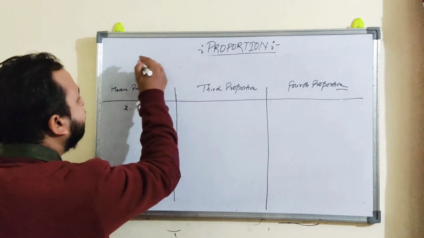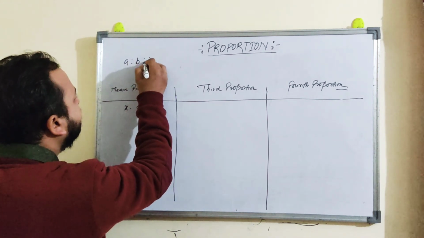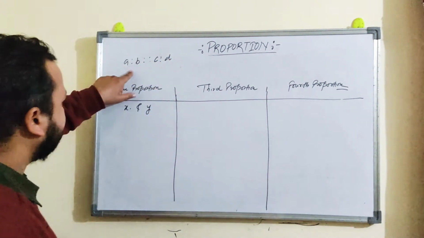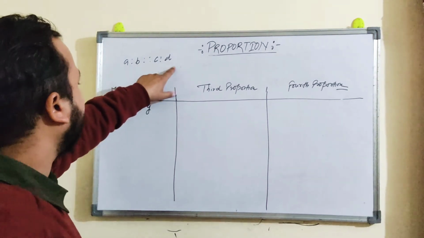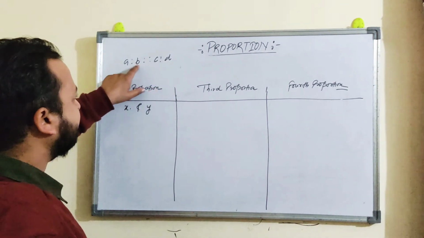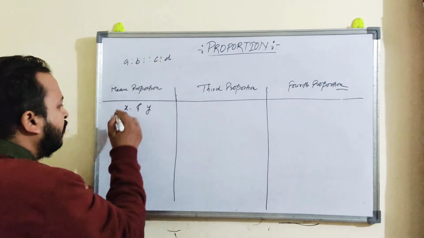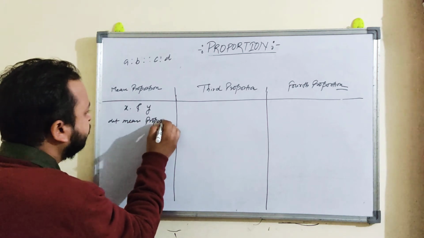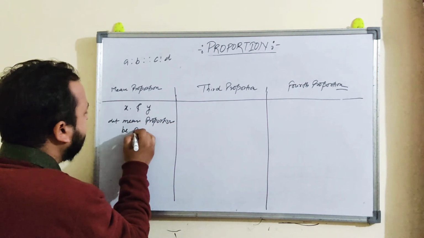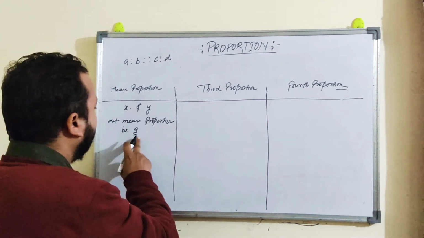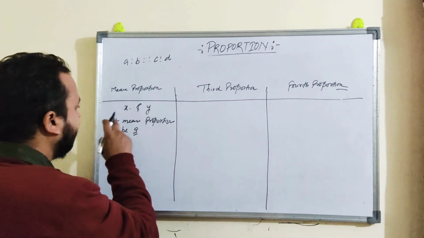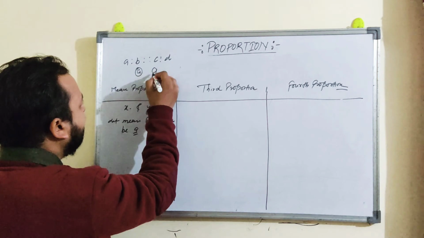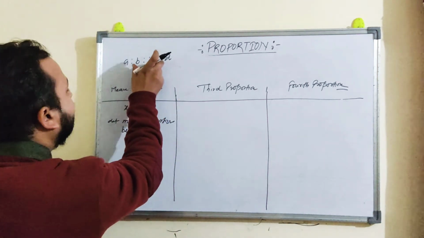We know that if A is to B and C is to D are in proportion, you can write it like this: A is to B proportionality sign C is to D. So these two are known as means. So let the mean proportion be A. I have taken A here because I have taken x and y here. If the mean proportion is A, you can write A in both positions.